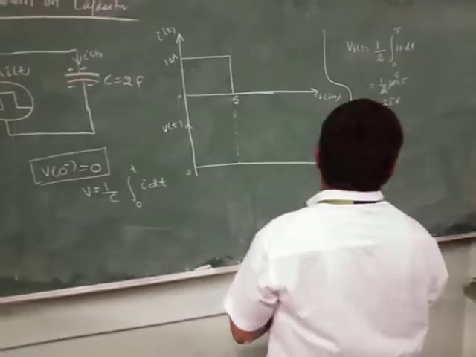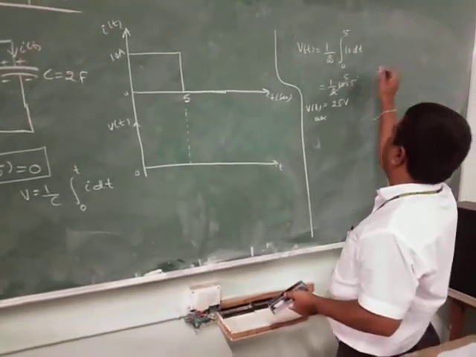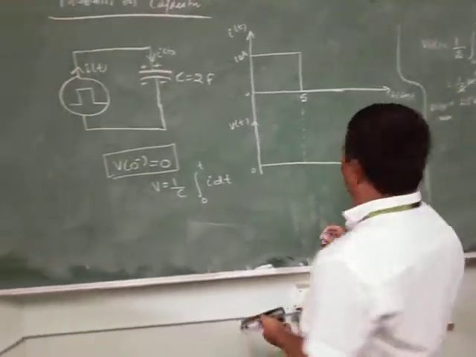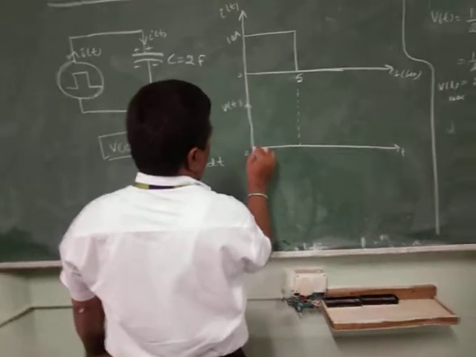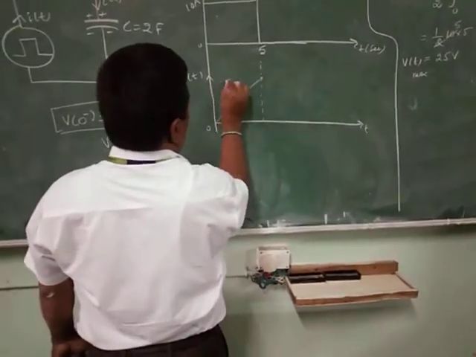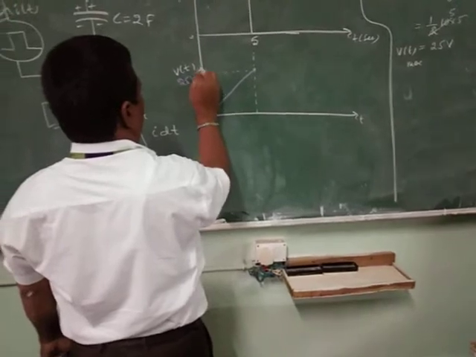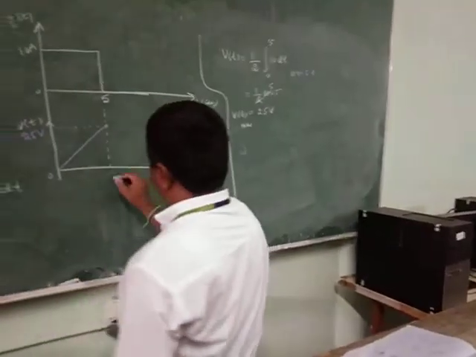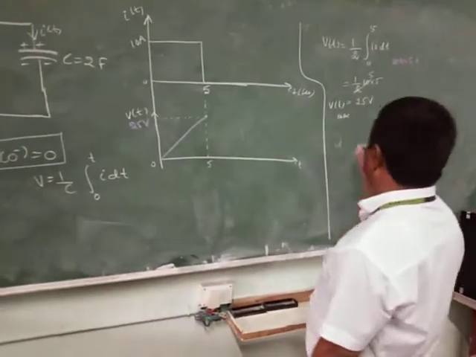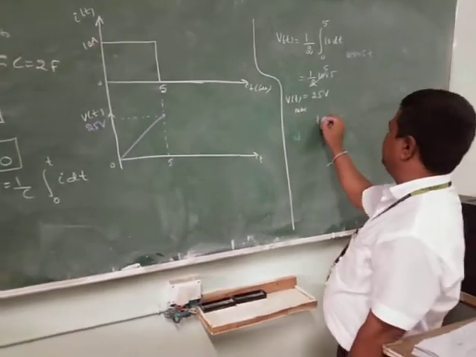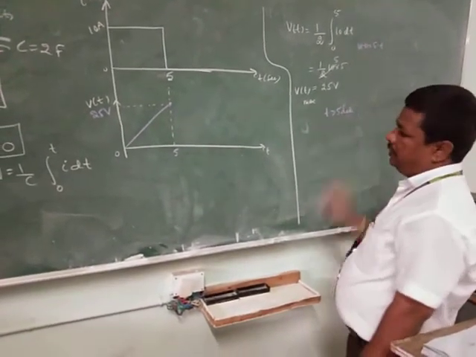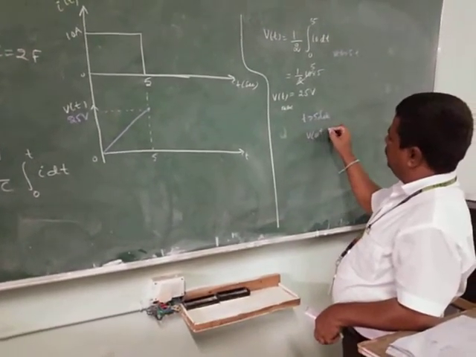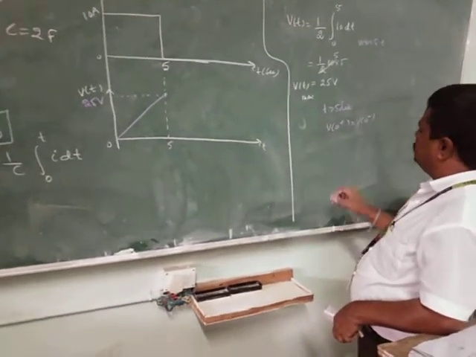Here the expression is v of t is equal to 5 into t. At 5 seconds it is 25 volts. Now what happens after 5 seconds? Try to draw the waveform for t greater than 5 seconds. Already we know the concept: initial condition v of 0 plus is equal to v of 0 minus.